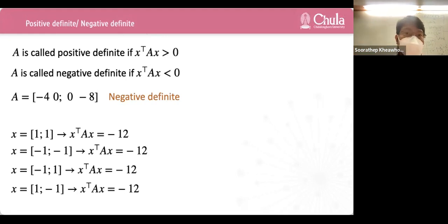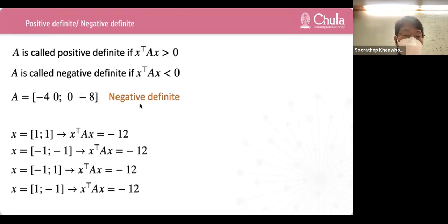Okay, no matter whether x is negative, or a mix of positive and negative, or x is positive, if you perform x transpose A x, you will get a positive value. For example, this one, this A is minus 4, 0, 0, minus 8.